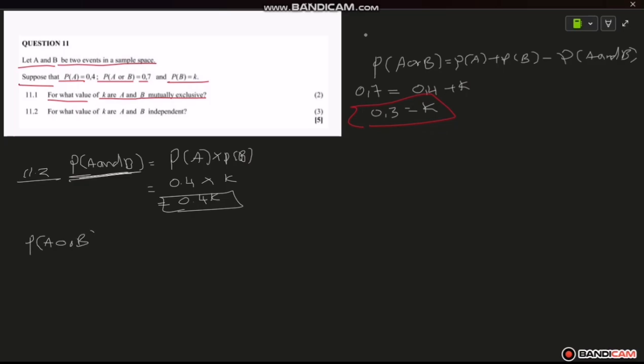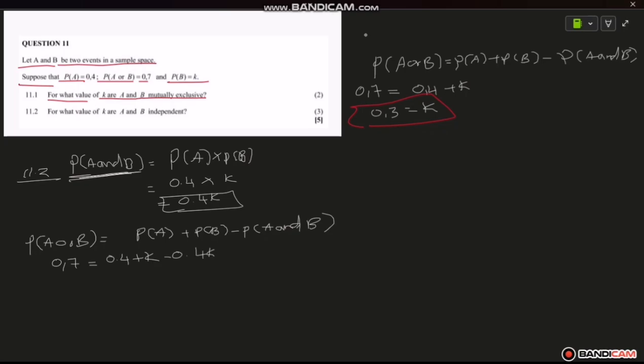So P of A or B equals P of A plus P of B minus P of A and B. For the value of P of A or B, we have 0.7 equals P of A, which is 0.4, plus P of B, which is K, minus 0.4K.